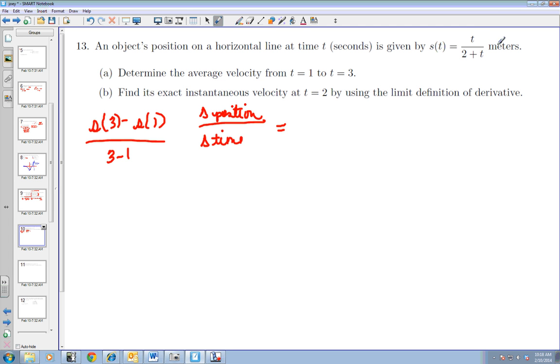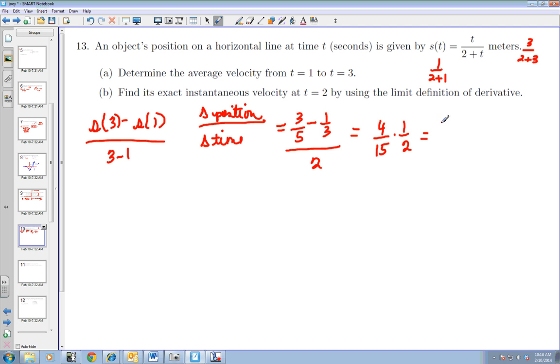So when I plug 3 in here, okay, I get 3 over 2 plus 3, so that's 3/5. So I have 3/5 minus my position at 1, so I'm going to plug 1 in here. So that's going to be 1/3, over 3 minus 1, which is 2. So 3/5 minus 1/3 is going to be 4/15, divided by 2 or times 1/2.